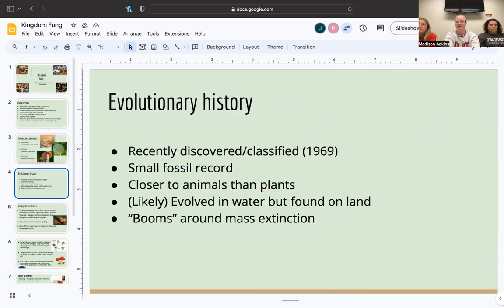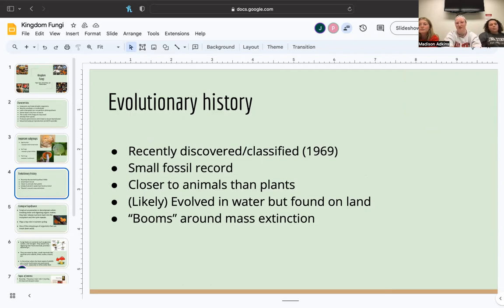Evolutionary history is a little rocky for fungi. They were very recently discovered and classified separately from plants, and they were classified as their own kingdom in 1969 by Robert Whittaker. They were historically believed to be more like plants, but they're actually closer relatives to animals.